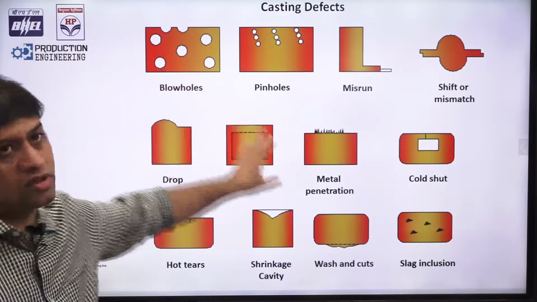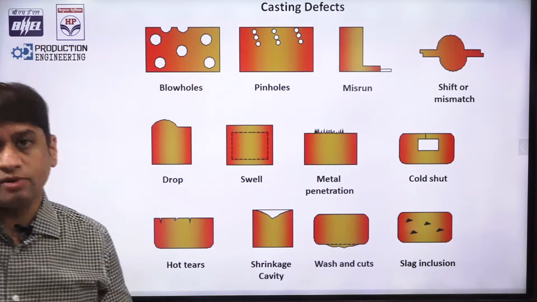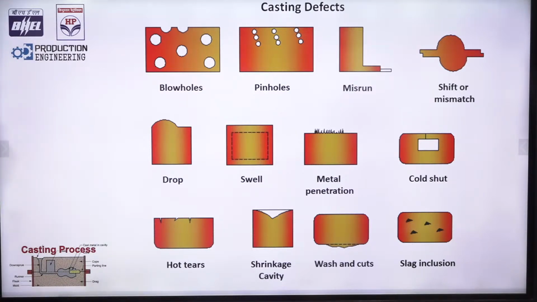So these are some of the names of the casting defects, but he will be asking you the reasons. Which defect is because of gas inclusion? The defects because of poor strength of sand, because of low fluidity, low flowability. So different defects and the causes. One very important question can be asked from here.